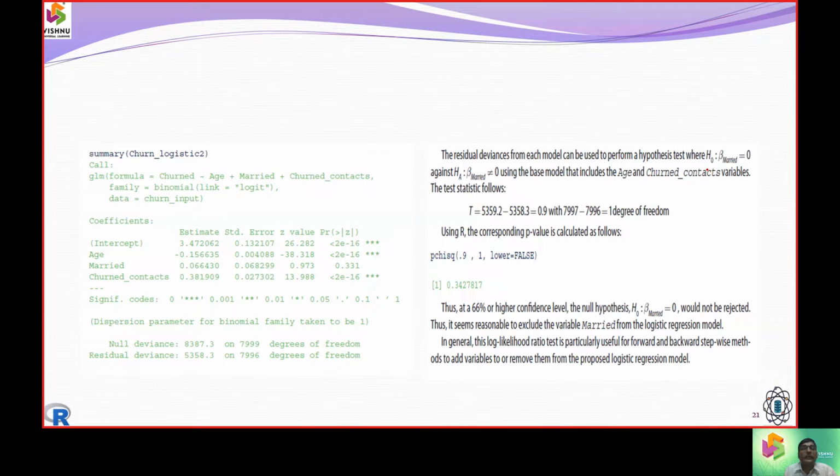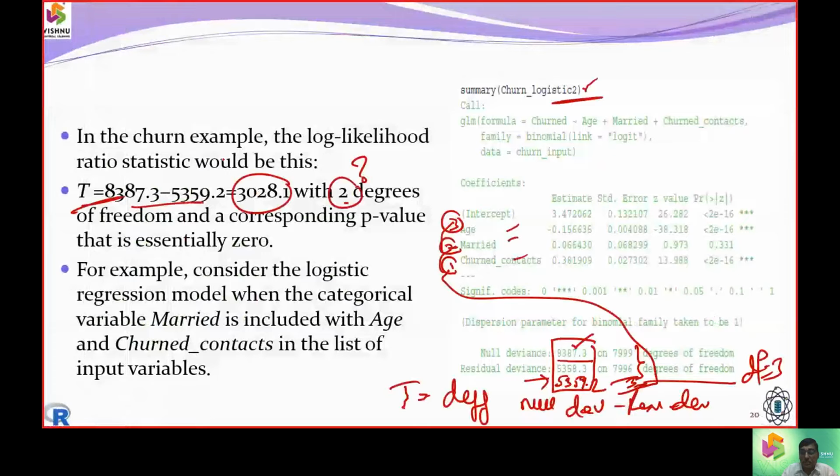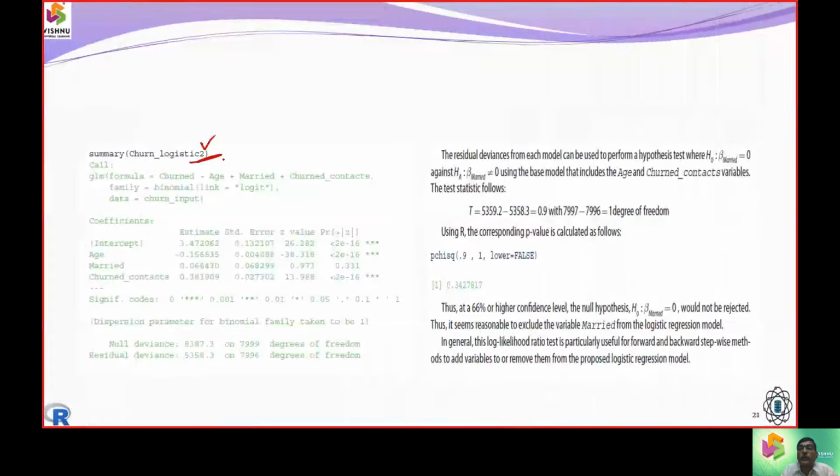We need to extend our discussion to the churn value, that is logistic churn, to the same example at this point of time. We made a statement that the earlier value was 5359.2, but the present value we got is 5358.